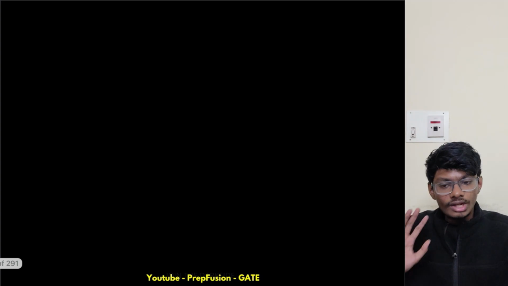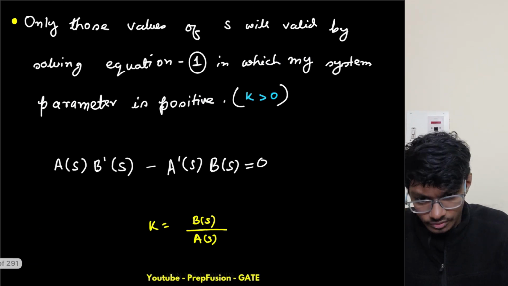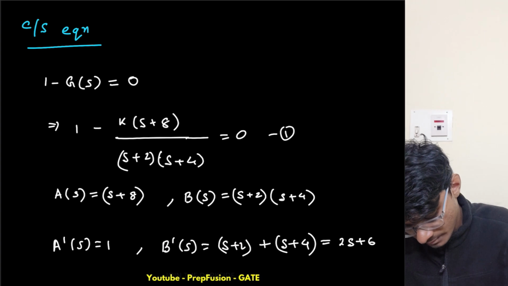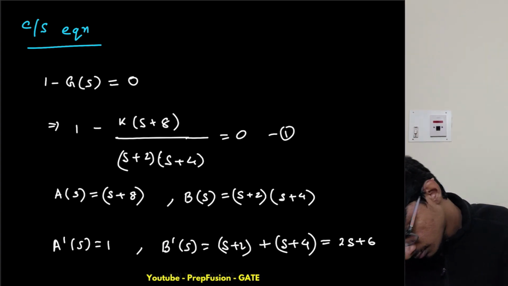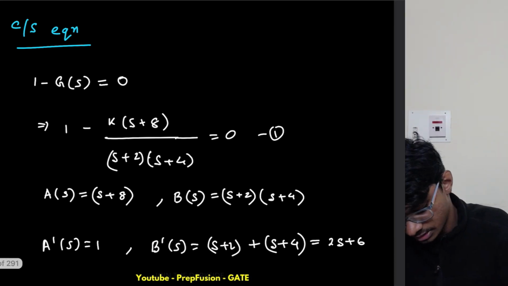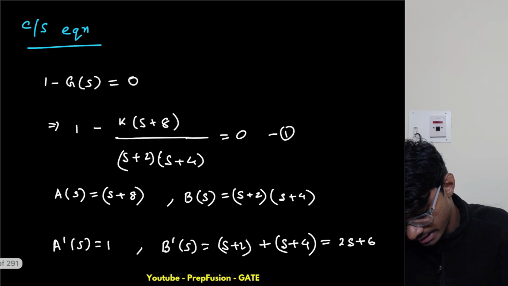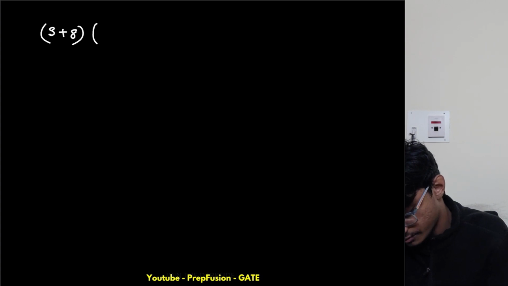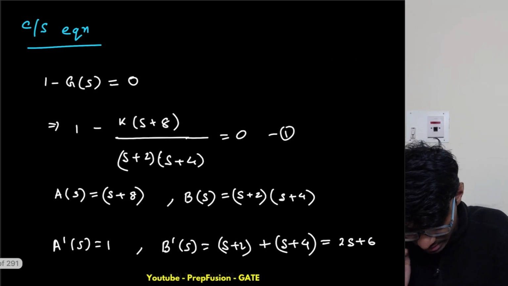So now let's do this. Solving this equation, what can I see? A of s into b dash of s: a of s is s plus 8, and b dash of s is 2s plus 6.